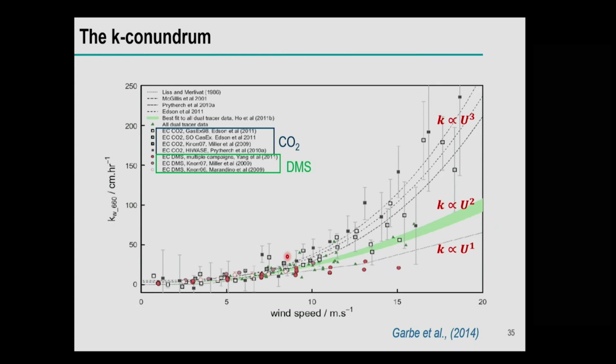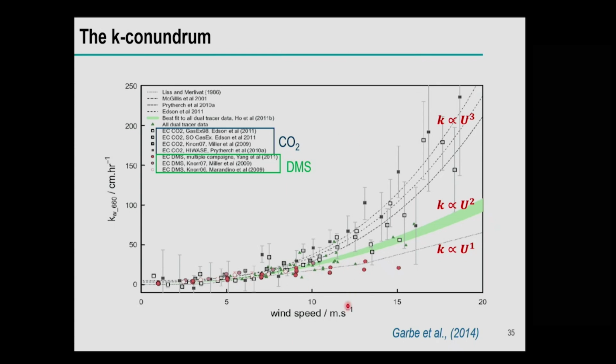The gas transfer velocity, like most air-sea interaction parameterizations, is typically expressed just as a function of wind speed. These are the traditional parameterizations that you find in climate models. They are either quadratic or cubic. What I'm showing you here is eddy covariance gas transfer velocity estimates for CO2, the squares, and DMS, the circles.